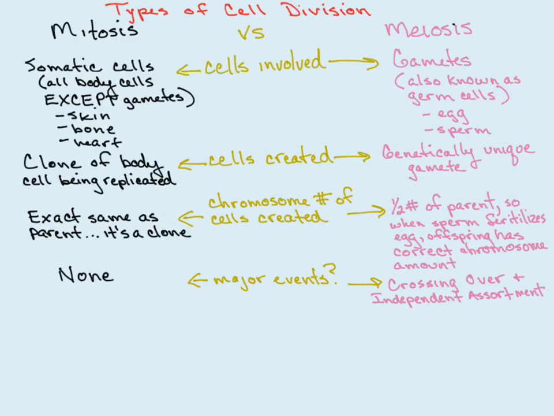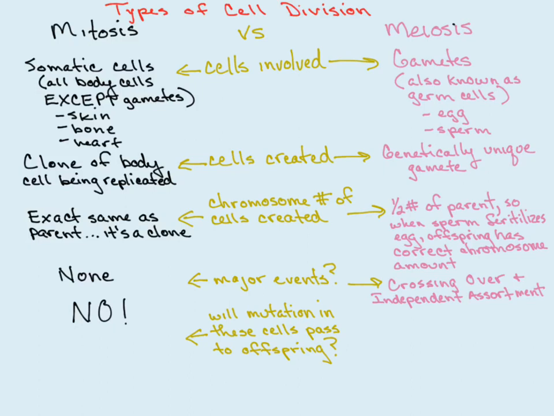All right. Now, if you have a mutation in either your somatic cells or your gametes, will you pass those on to offspring? Well, let's look at somatic cells first.